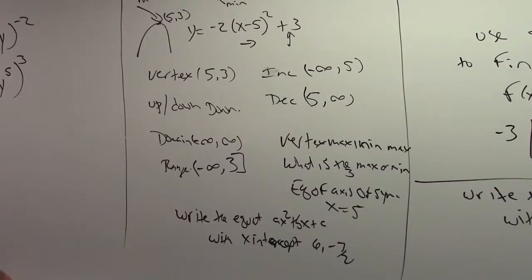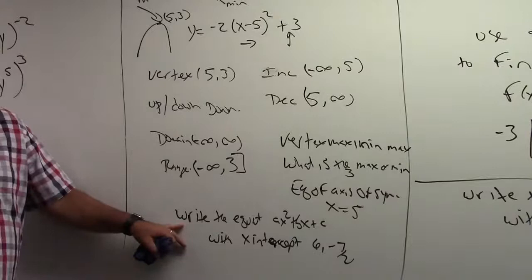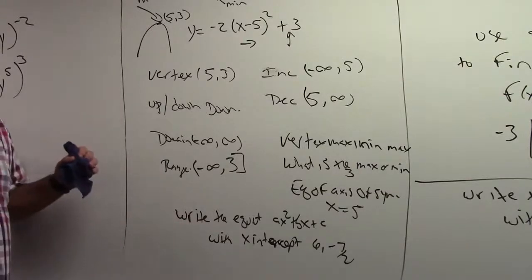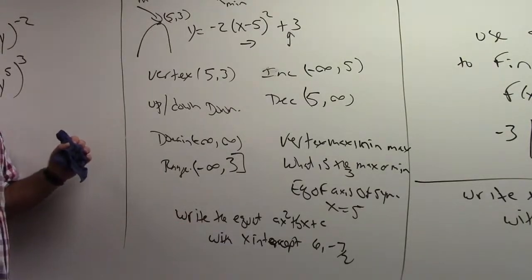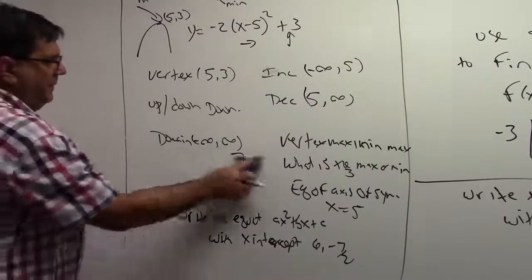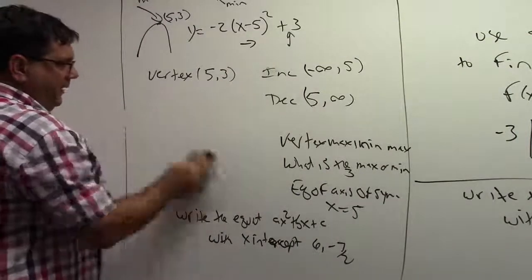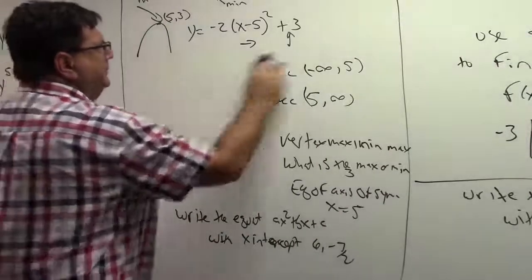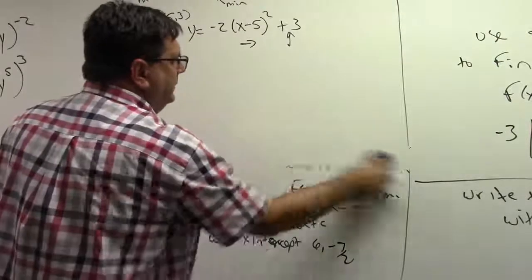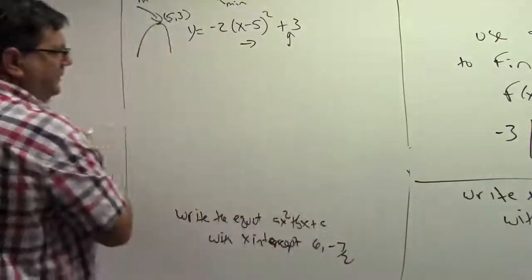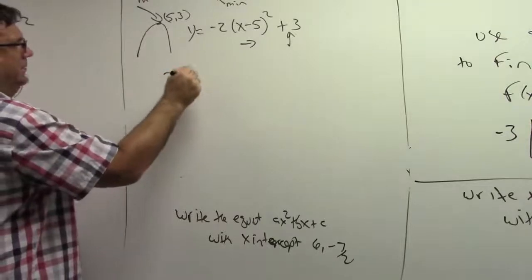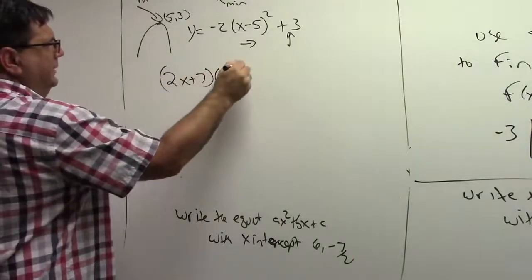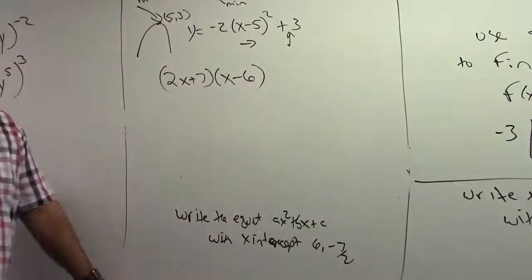All right. Did you write that equation? Are we doing vertex backwards? No. This is the x-intercepts. So if this is the x-intercepts, what were the factors? 2x plus 7 and x minus 6. 2x plus 7 and x minus 6 would have had to be the factors.